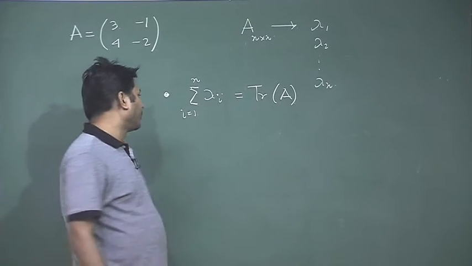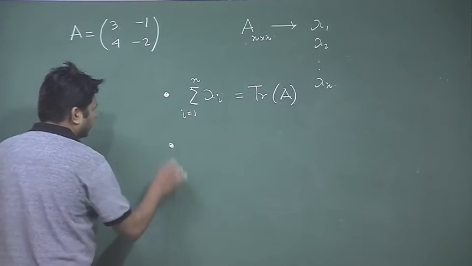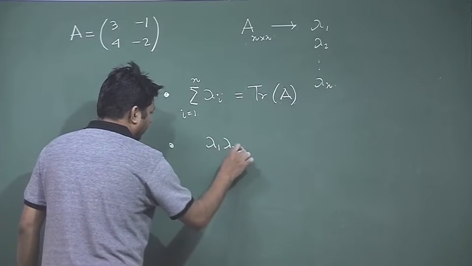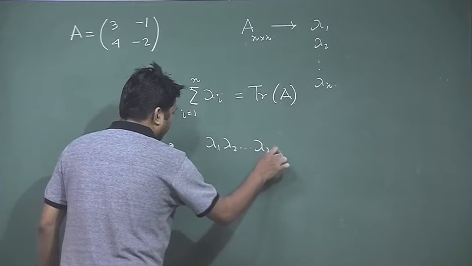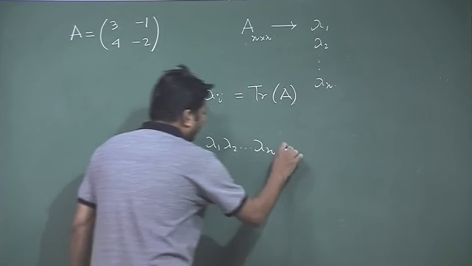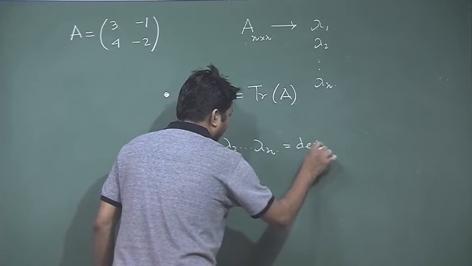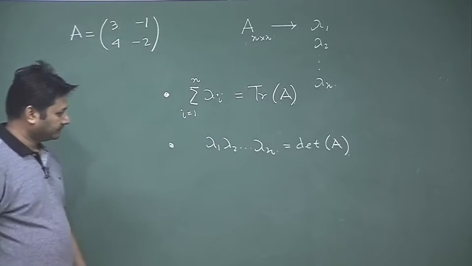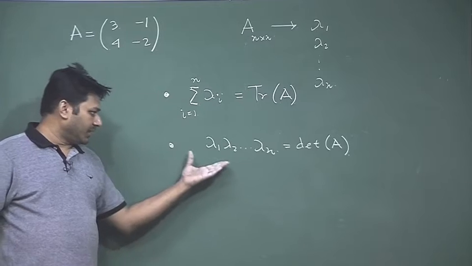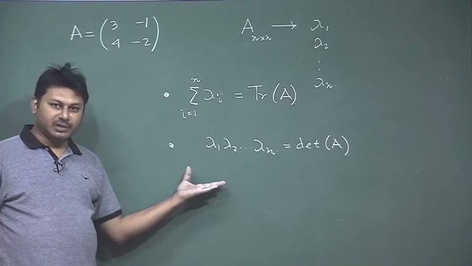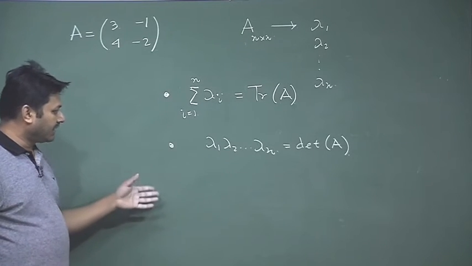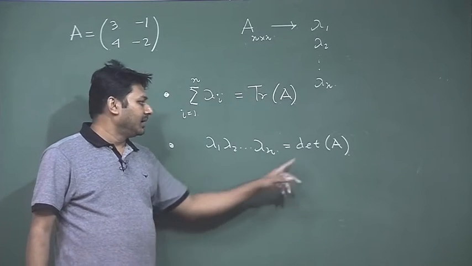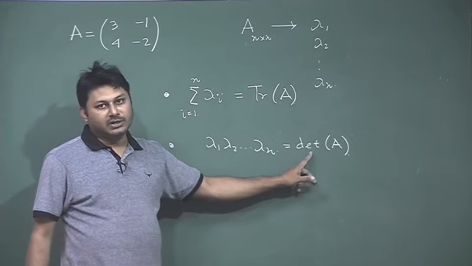This is one property, and the second property is that if you multiply lambda 1, lambda 2, up to lambda n, it will be equal to the determinant of this matrix. So when you multiply the n lambdas, whatever you get will be equal to the determinant of the matrix.